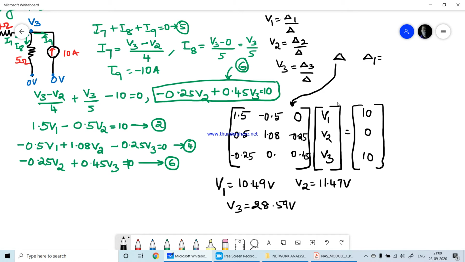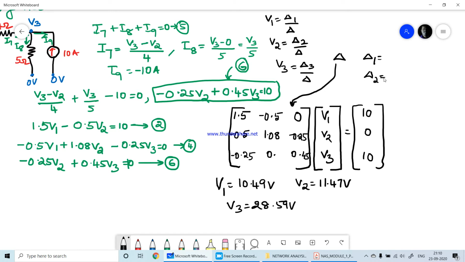Delta 1 is obtained by replacing the first column of this matrix with the current column matrix, 10, 0, 10. Keep the other two columns as they are and find the determinant, and you get delta 1.